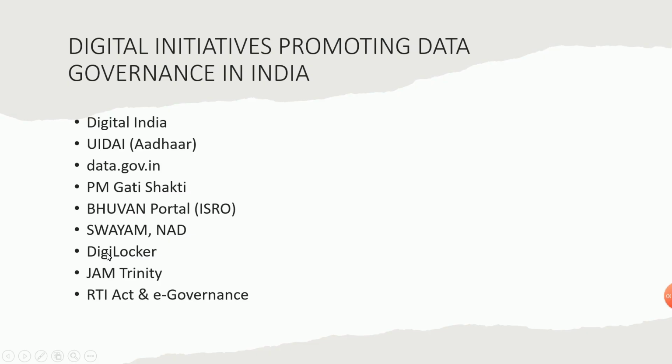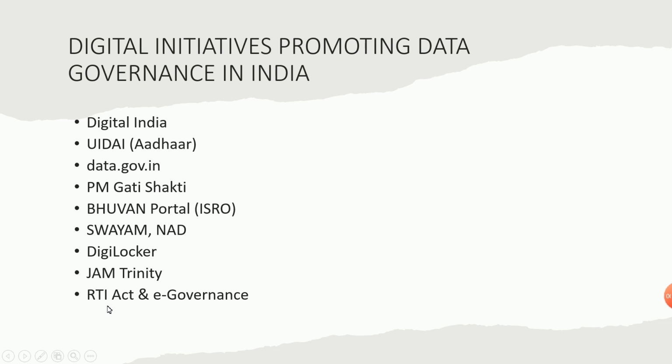Next, DigiLocker. In one class I told you about DigiLocker, where we can upload and save the digital format of our identity proofs. Next, Jam Trinity, and then lastly the RTI Act and e-governance. If we want to know any information through the RTI Act, we can obtain it to a maximum of 99%, not 100%.